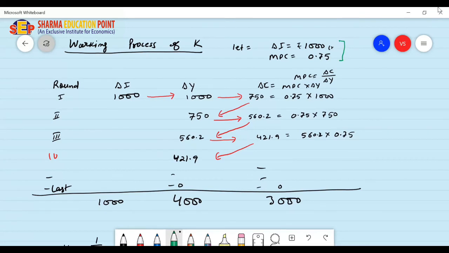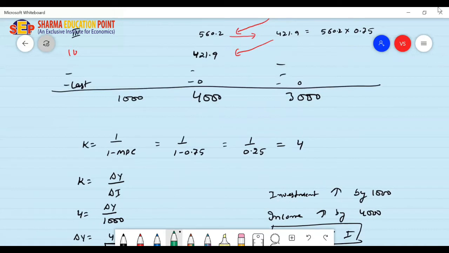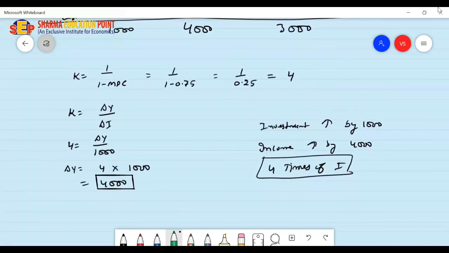So this process will continue till we got the last point. So here now for the final result, we will apply the formula to get the actual result. So actual result is this, that k is equals to 4. That means 4 times your income will increase if investment increases. So as a result, when we put the values, so delta y is come to a 4000. So this is the summary.